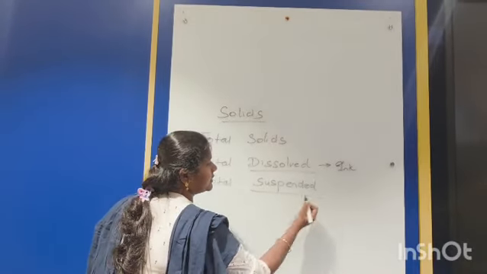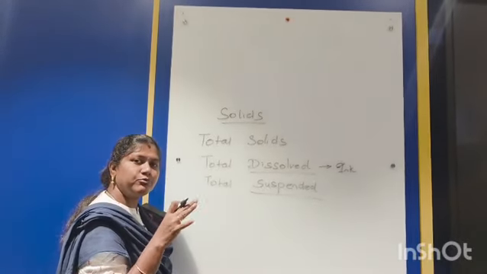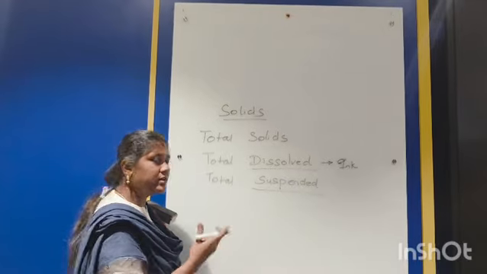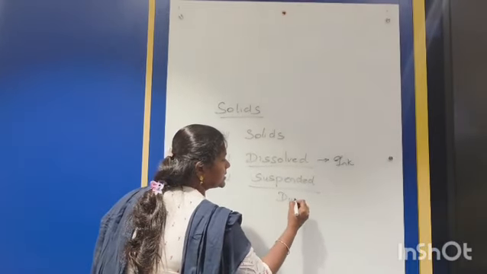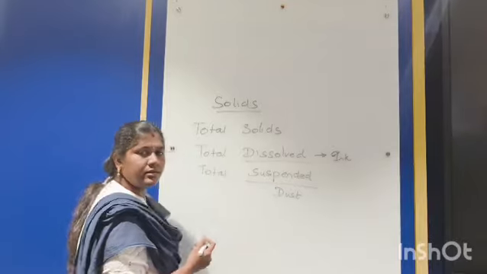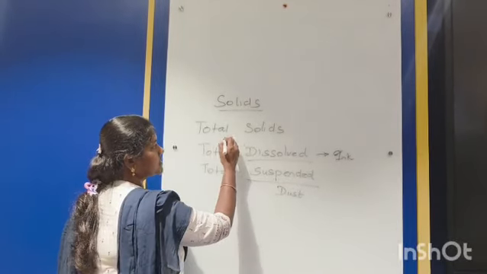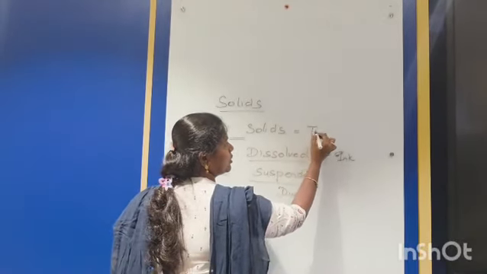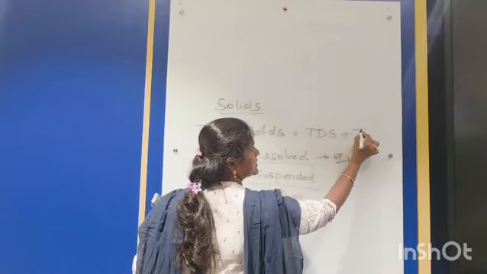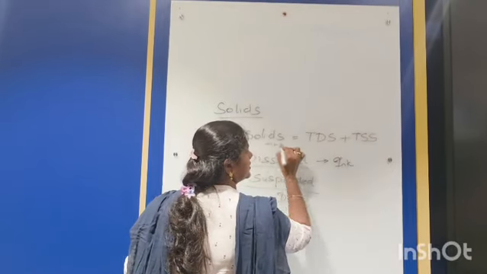Whereas suspended means the particles will be fully in suspension in the water, for example, the dust particles in the water. So total solids is equal to total dissolved solids plus total suspended solids.